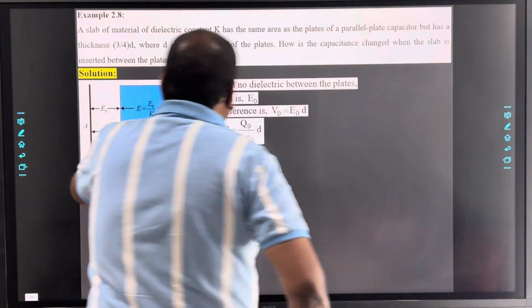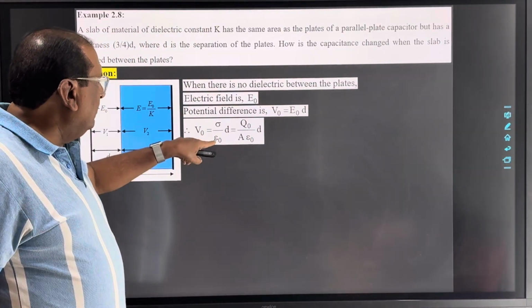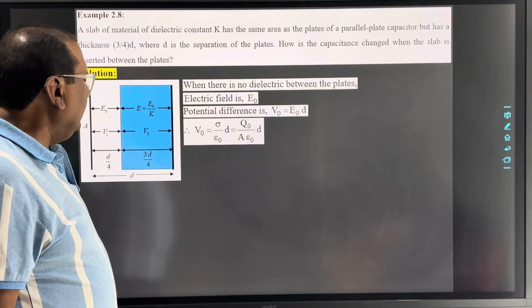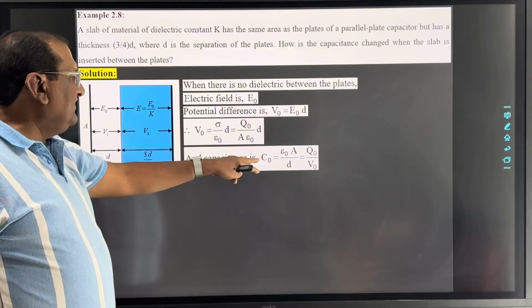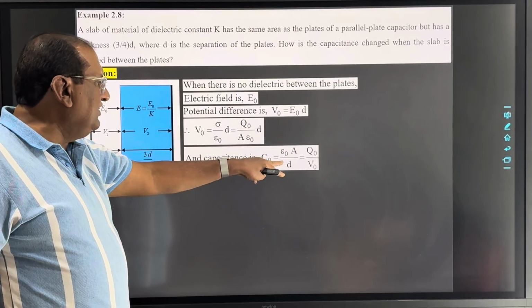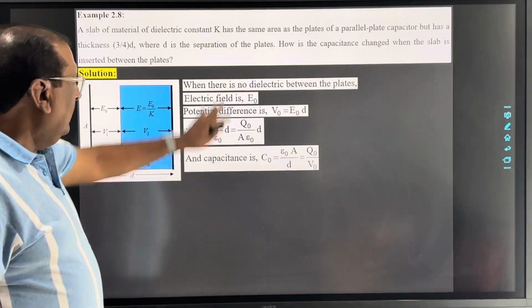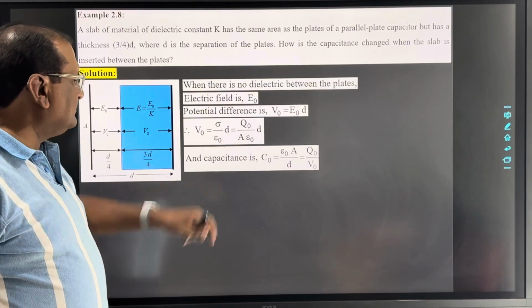Now V0 is equal to E0 into D, where E0 is sigma upon epsilon 0, and sigma is Q0 by A. So the capacitance C0 is epsilon 0 A by D, and that is Q0 upon V0. All these things we already discussed, they are just mentioned here.